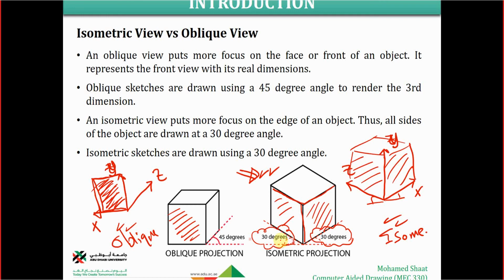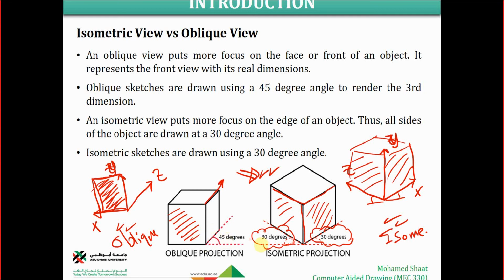So in the isometric view, we should stick to 30 degrees inclination of these edges over the horizontal axis. But in the oblique, we draw the face with the exact dimensions, then we give it an extension, like you draw a face and extend it in this direction at an angle of 45 degrees.